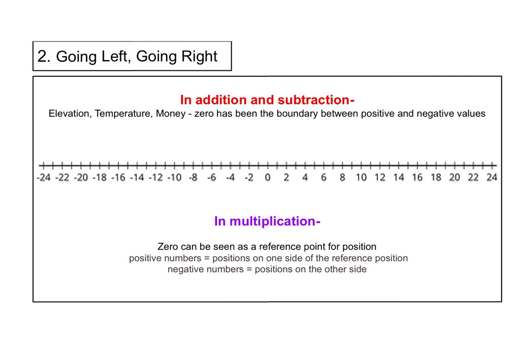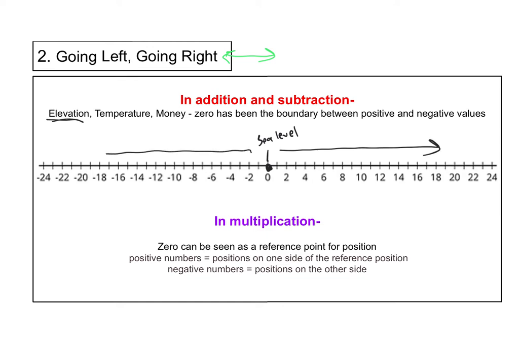Now we're going to talk about multiplication on a number line and using this concept of moving left and moving right. Let's remember that when we were talking about addition, 0 often meant our boundary point between positive and negative values. For example, let's talk about elevation. Remember that 0 meant sea level, and all of our positive numbers were above sea level.